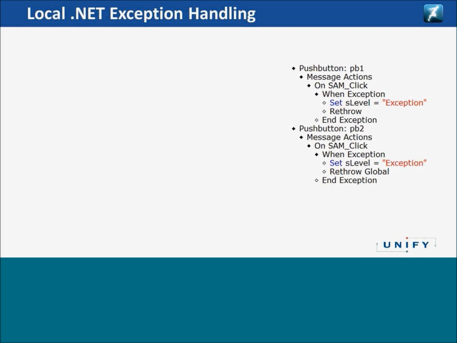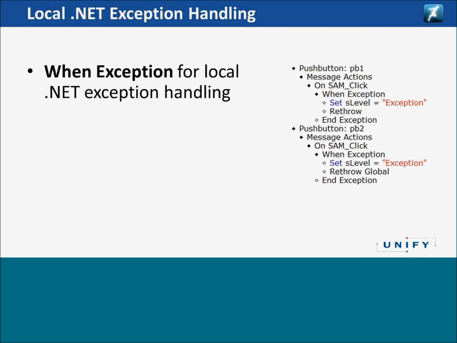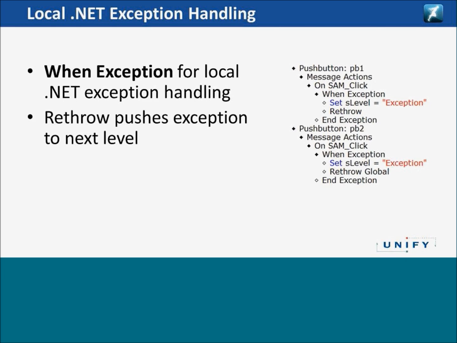Local .NET exception handling is the next new thing that comes in Team Developer 6.1. Basically, we allow you to have a new statement called when exception, and you can put that into your local code. And when an exception happens, then the code below when exception will be executed. In addition to when exception, we have a statement called rethrow, which pushes the exceptions to the next level.